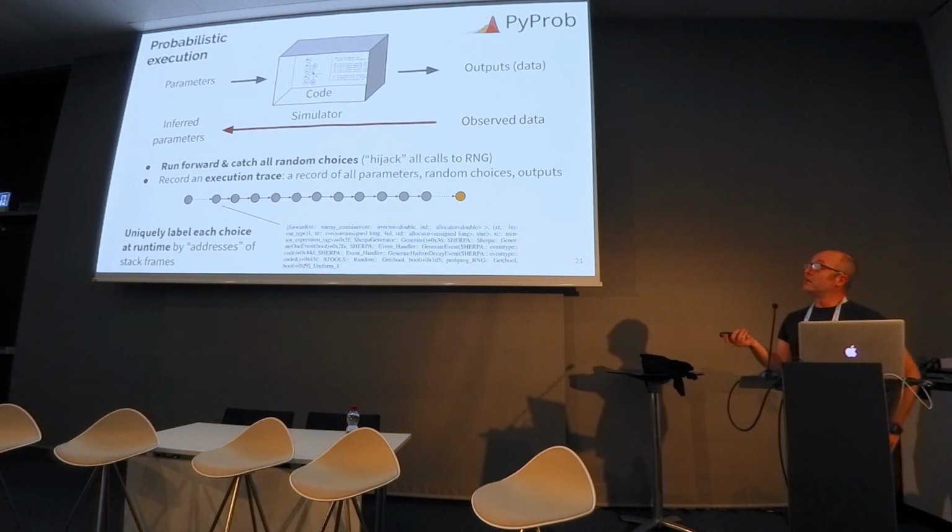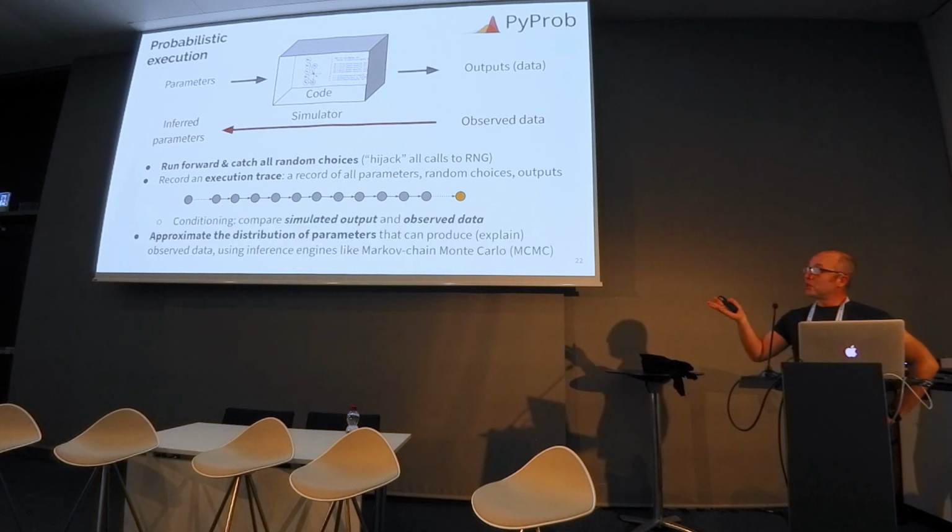There are also some extra details, like we need to uniquely identify or label all the random number choices in the simulator. This is done automatically, using the same protocol. You get a unique label that is based on stack frames in the programming system. This is how one such address looks in a C++ example.